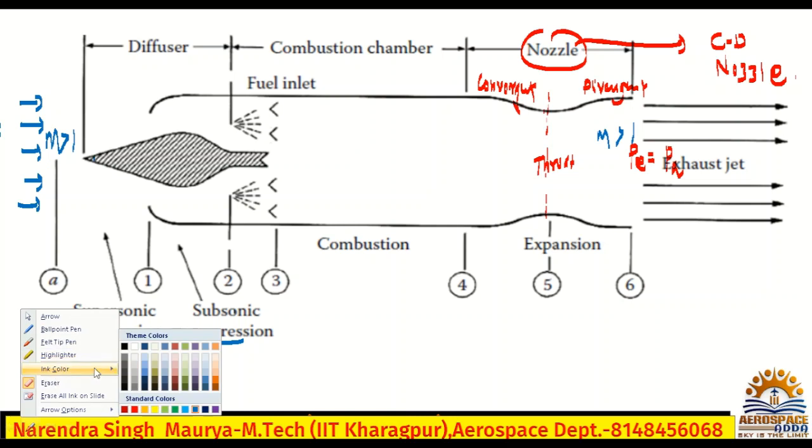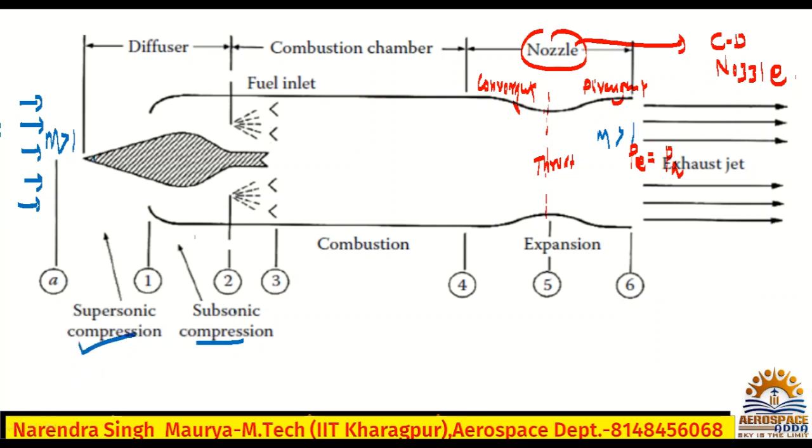Anyway, now check. See, here we have a fuel injector, so fuel will be injected, and this is called a flame holder. This part is the flame holder. It will hold the flame, so there should not be any blowout of the flow.